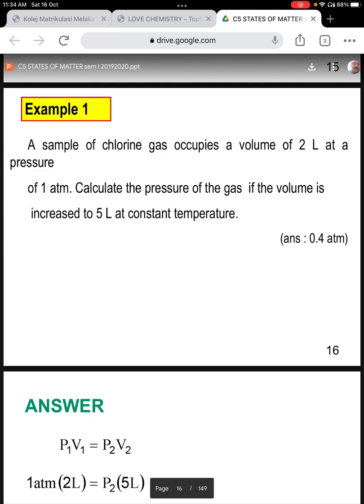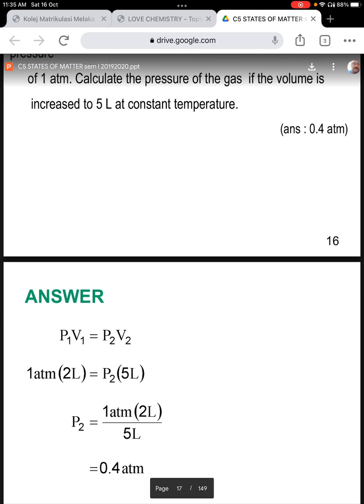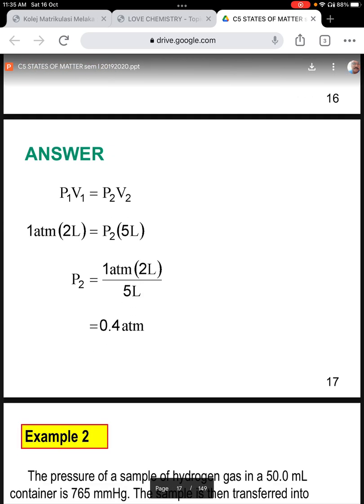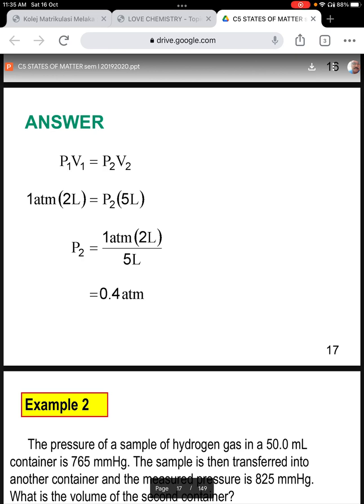P1, as students can see here, is 1 atm from the question, and V1, 2 liters, is also given. We need to find P2 at 5 liters; 5 liters is our V2. When we substitute all the values into the formula, we find the pressure after the volume is increased drops to 0.4 atm.